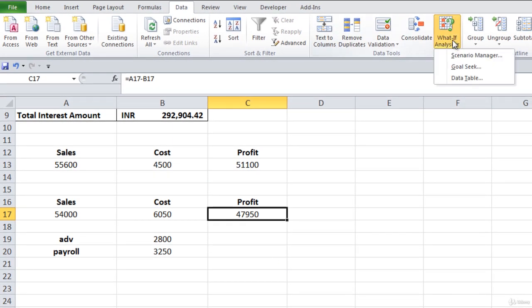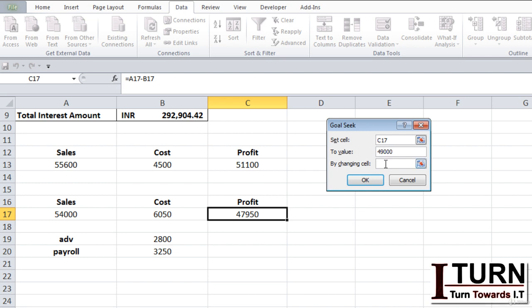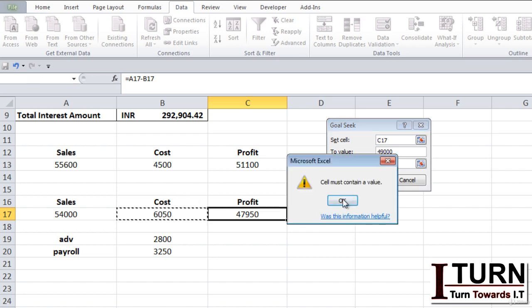Again I'm going to What-If Analysis, Goal Seek. Set cell is this one, and To value is now 49,000. By changing cell, I've told you that as a changing cell you can't give a cell that contains a formula. So this cell can't be given. If I try to give it, it will generate an error.